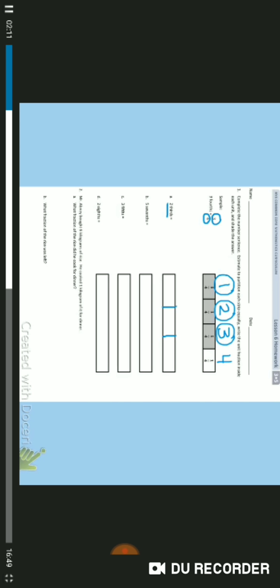Now I need to write the unit fraction inside each unit. Again, I will count and double check to make sure that my unit form is correct. There are 1, 2, 3 equal parts, so my unit form is thirds. That 3 must go on the bottom of the unit fraction.